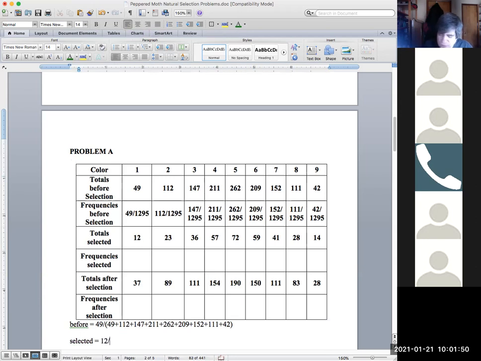Number 1 is going to be 12 divided by 12 plus 23 plus 36 plus 57 plus 72 plus 59 plus 41 plus 28 plus 14. 336 maybe? Let me know if you did the math and got something besides 336.